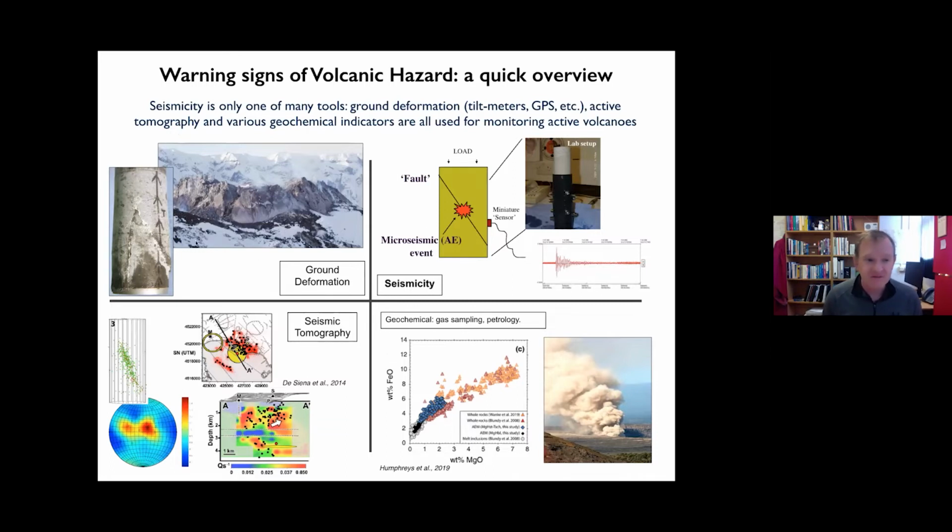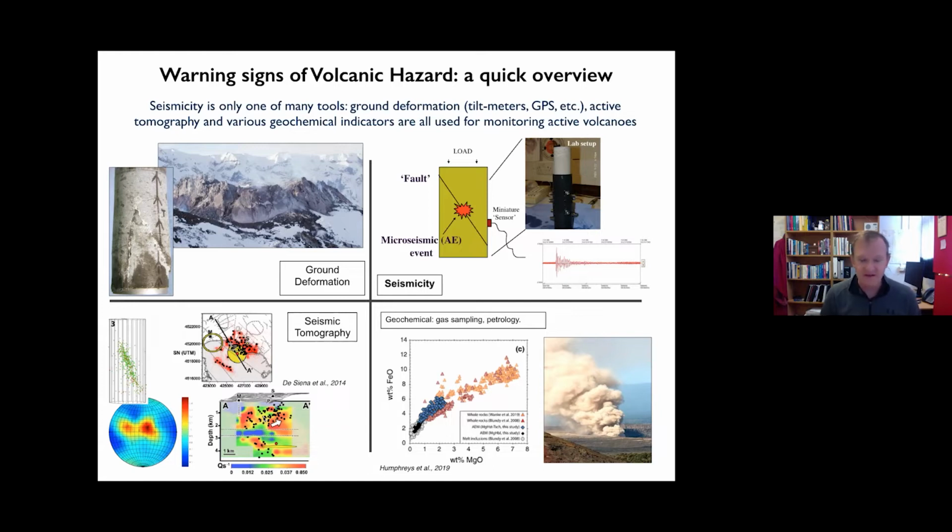Ground deformation, whether this is GPS or tiltmeters, is another, and more recently tools such as seismic tomography. This data published by Luca De Siena around 2014 is a good example, again looking at the Campi Flegrei area, which we'll come back to towards the end. And tomography is sensitive to the fluids within the rocks.